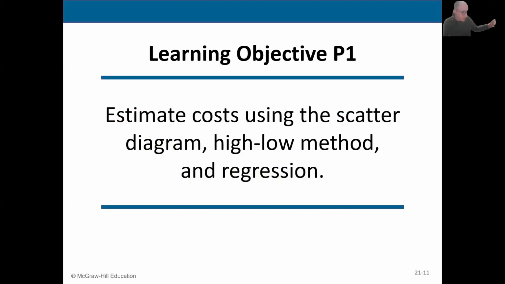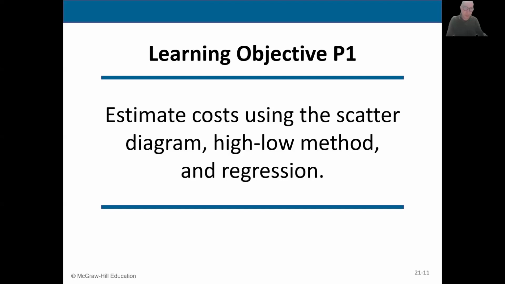There are a couple of ways that as managers, we look at those costs to understand them, to analyze them, to be able to understand the behavior of those costs. And so there's a couple of ways we measure cost behavior.